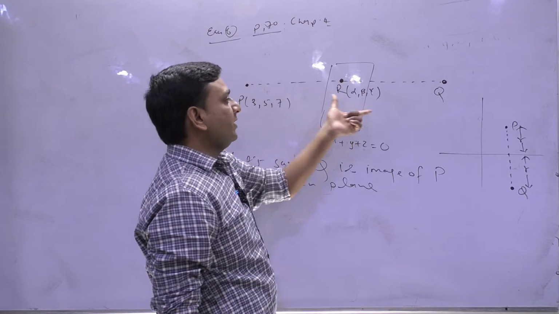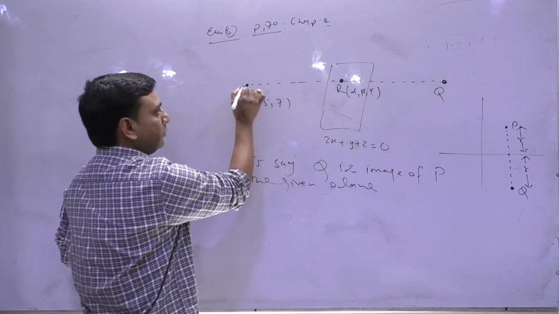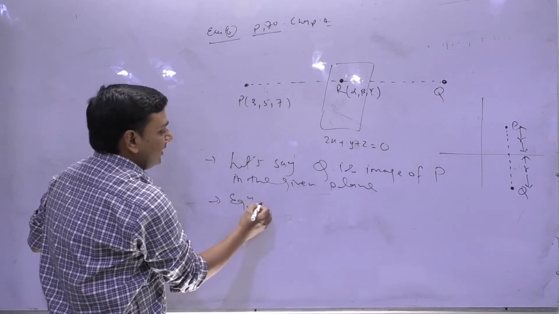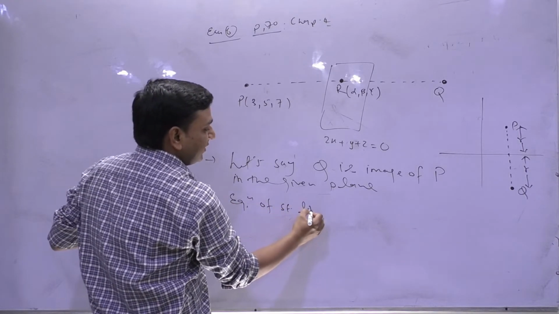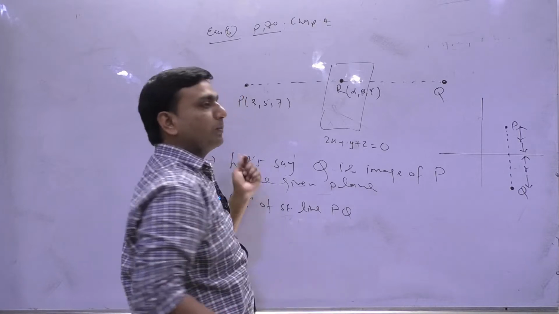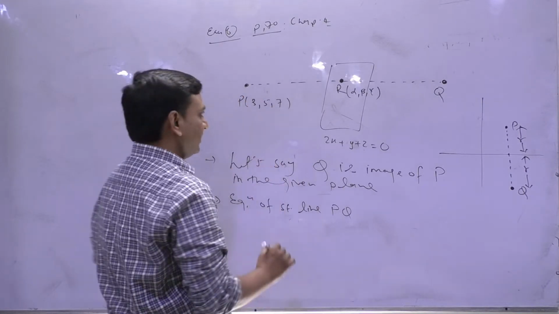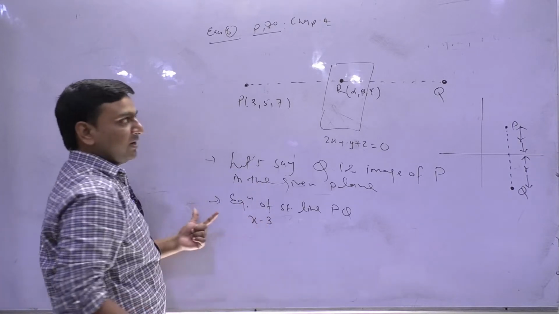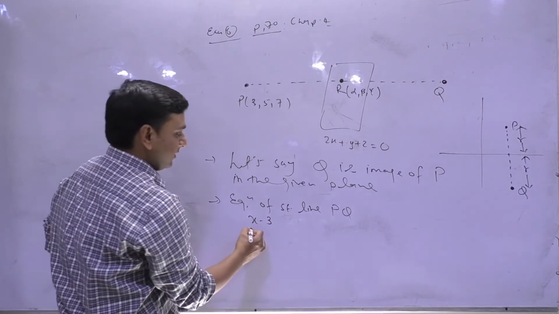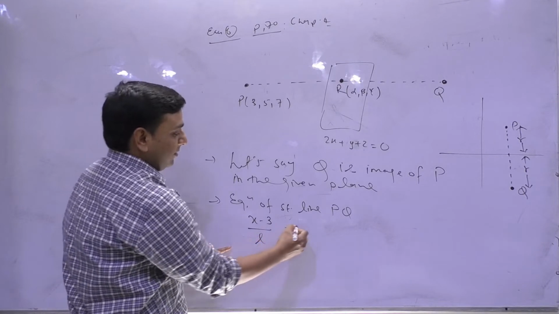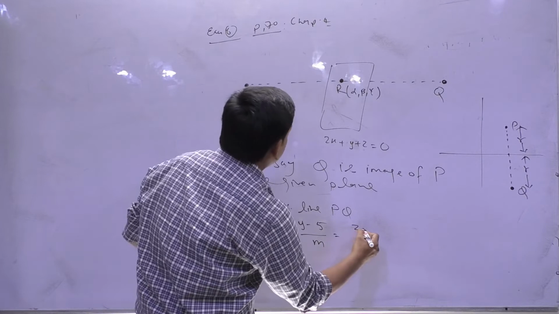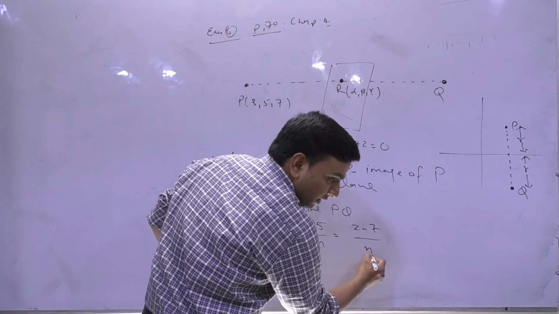If I try to find the equation of the straight line PQ, and PR, PRQ, where is it passing through? (x minus 3)/L, (y minus 5)/M equals (z minus 7)/N.